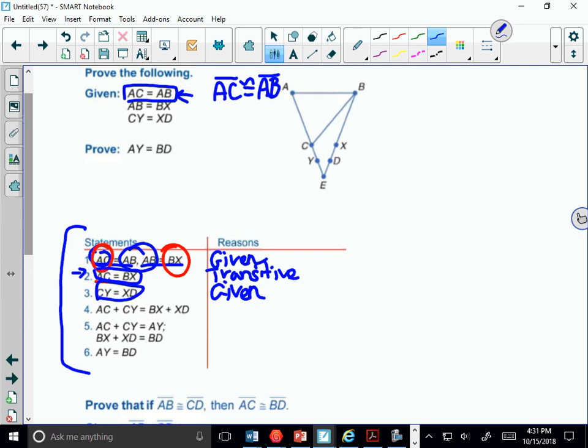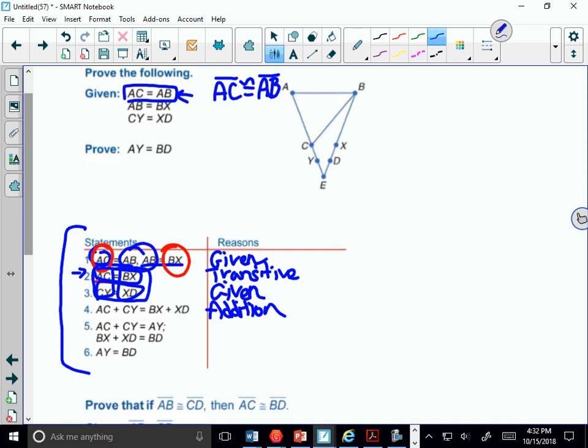And that's exactly what they're doing. They're just taking this and having that be one side of your equation, and the other side is adding this. My reason is just addition, which is kind of similar to what was going on in those algebraic proofs that you looked at last time. You're just naming what you're doing. You're adding those things together, so I can say that because of addition.